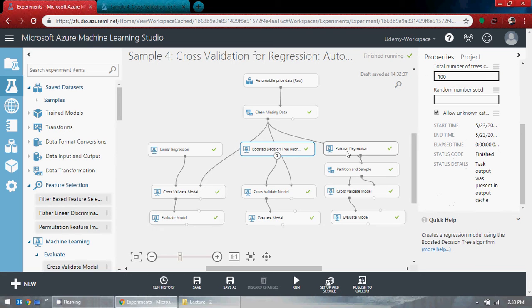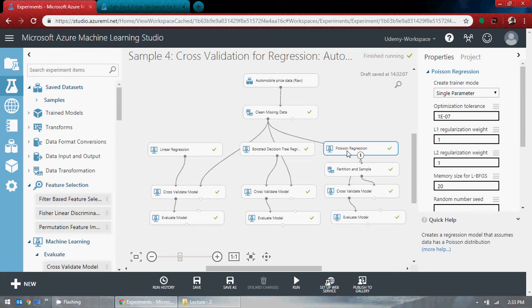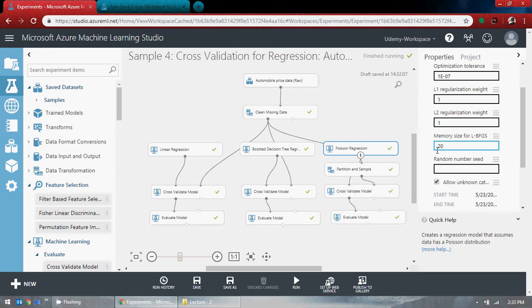This is very interesting. And they are using Poisson regression. They are using the same data, and 3 different algorithms to generate the result, with e to the power of -7, regression weight of 1, and memory size of 20.